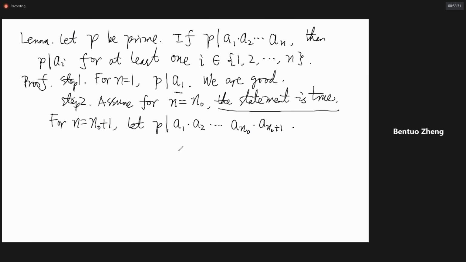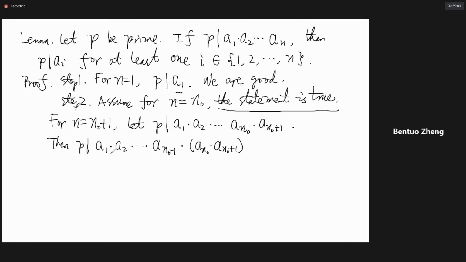So how to prove this? We're going to regroup it into a different product. Then P divides the product where the first factors are A1, A2, up to An0-1, and the last two numbers we group together: An0 times An0+1.